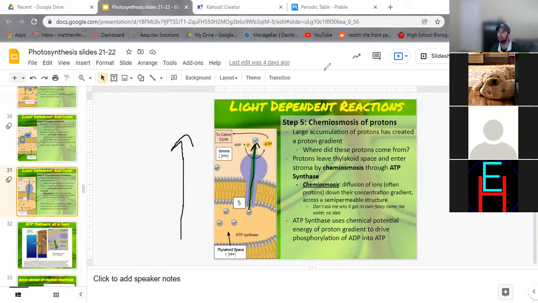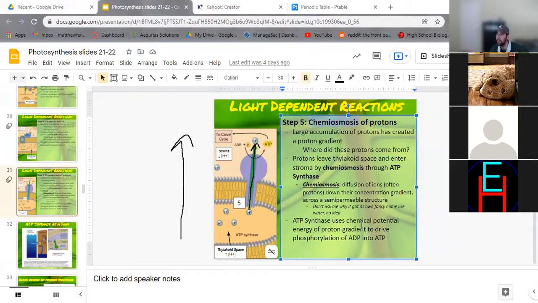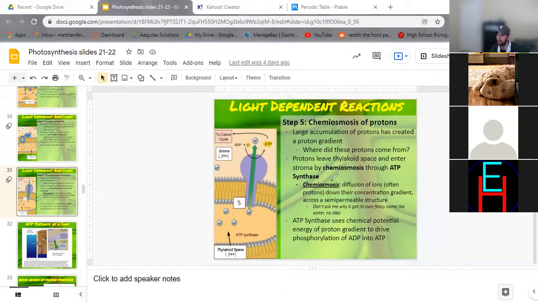However, we give this passive transport a very special fun name. And don't ask me why, but we give it a fun name called chemiosmosis. Chemiosmosis is defined as the diffusion of ions, like protons here, like hydrogen ions, down their concentration gradient across a semi-permeable membrane or structure. For some reason, it seems that every single time we want to mention a semi-permeable membrane, it gets a fun name because osmosis refers to that too, but it's fine.